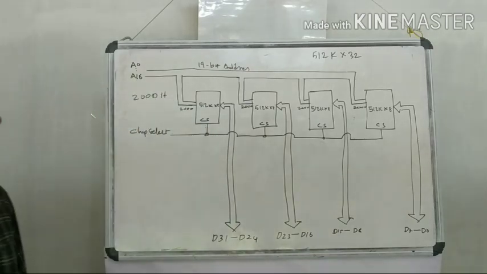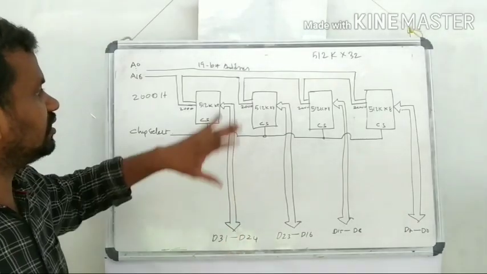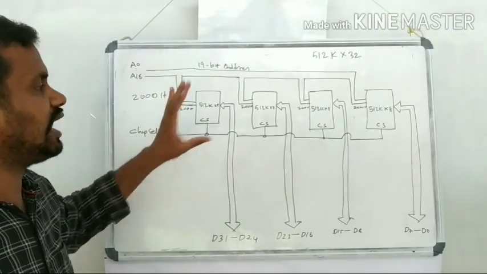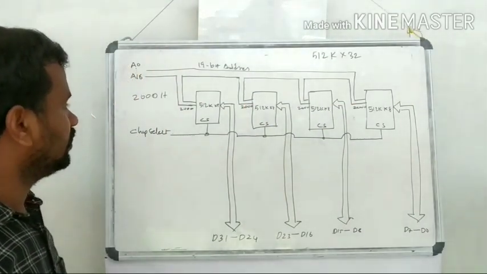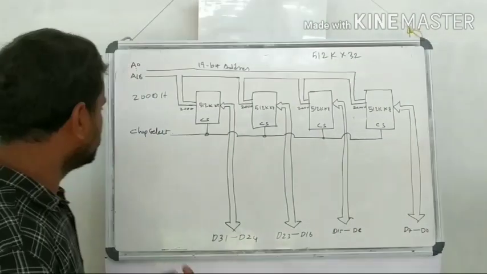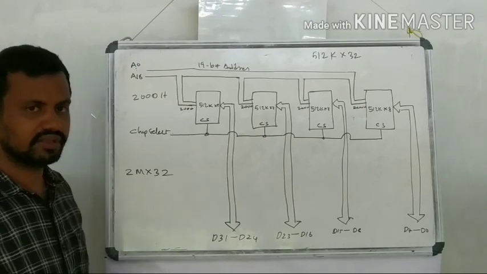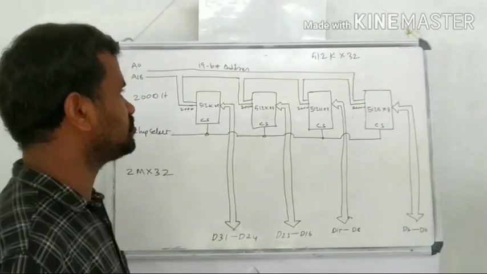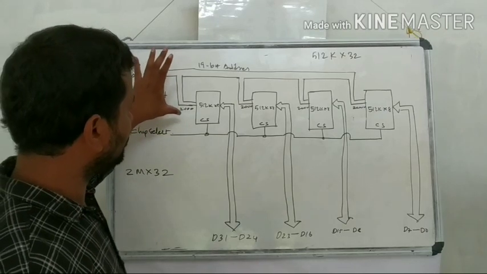So effectively we have a data bus of 32 bits, and a memory system of 512K into 32. Then our aim is to build a memory system of 2M into 32.